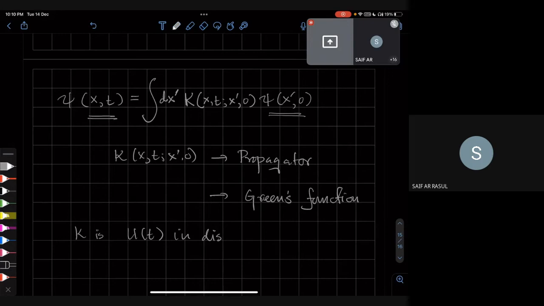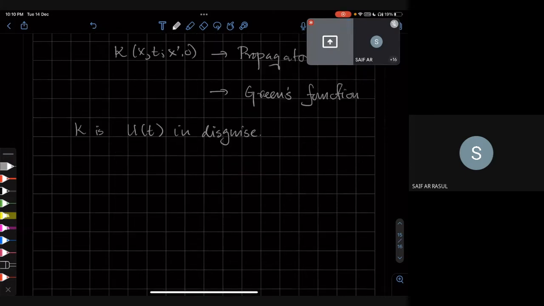Okay? So this is what I want to show you as our last thing today. We want to show you that the propagator is the time evolution operator. Okay. So we use Fourier analysis for this. So remember the Fourier theorem, which related psi of x to psi of x prime.